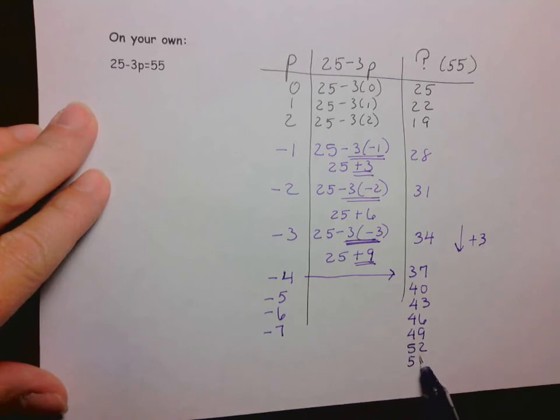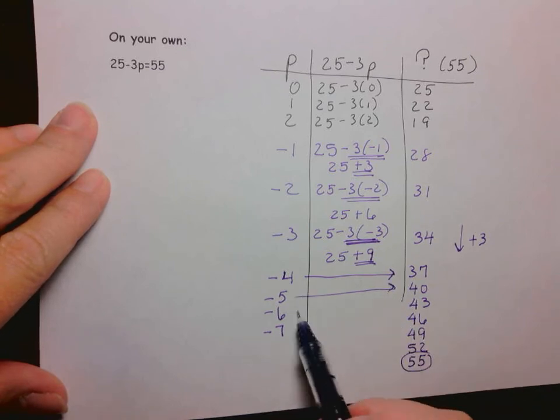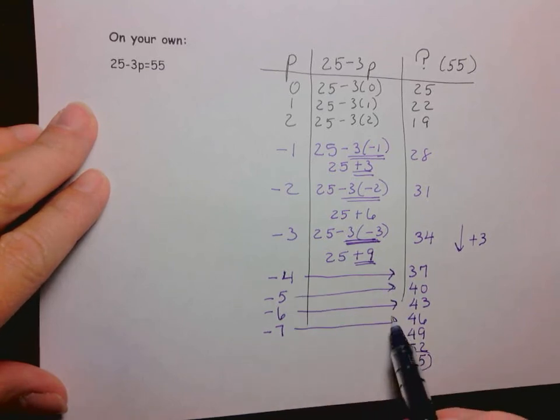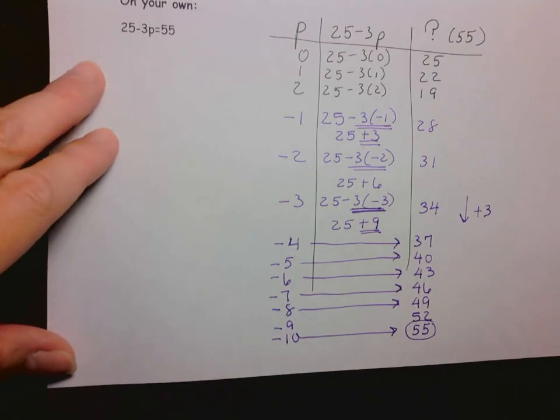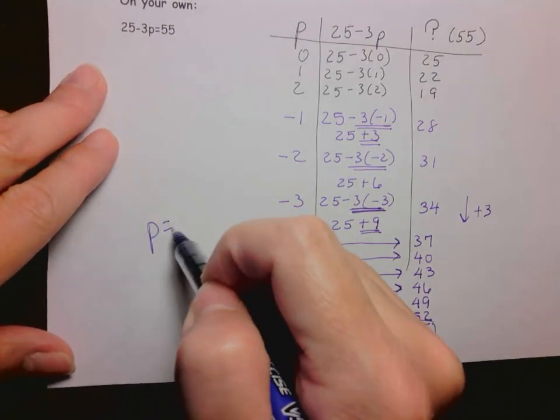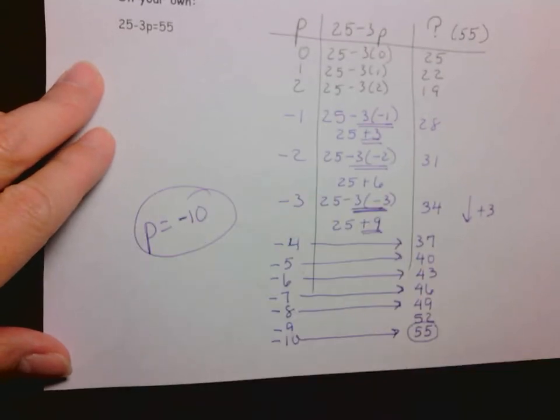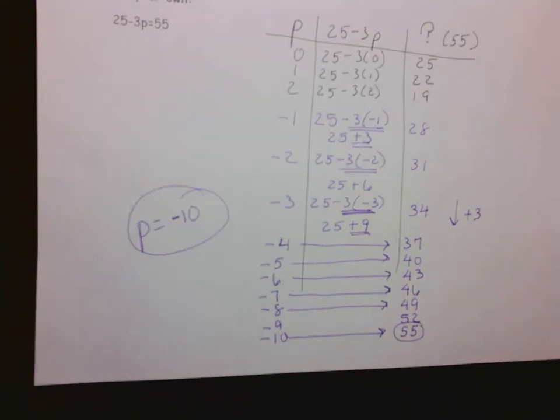There it is, 55. Again, lined paper would be very helpful. Looks like that one was -10. So my value of P is going to be -10, and you can plug it back in to double check. And so when P is -10, this equation is true.